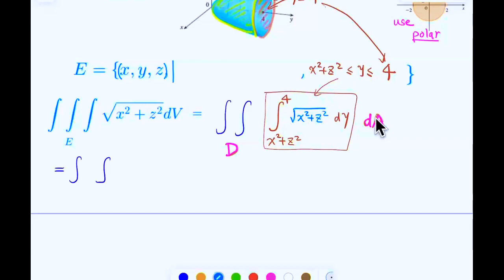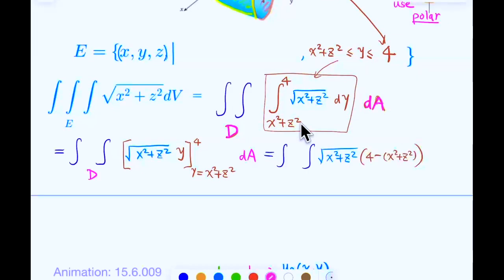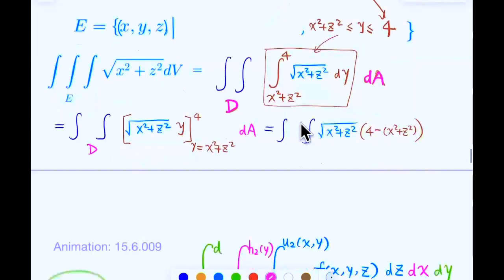So we should have the square root of x squared plus z squared, and then we will have the y over here. And then y goes from x squared plus z squared to 4. Actually, because this is kind of like a constant with respect to y, it will be 4 subtracting this, times this. Okay? So that was the innermost integral. Okay, and then I will put dA here and integrate over the region D. Okay.